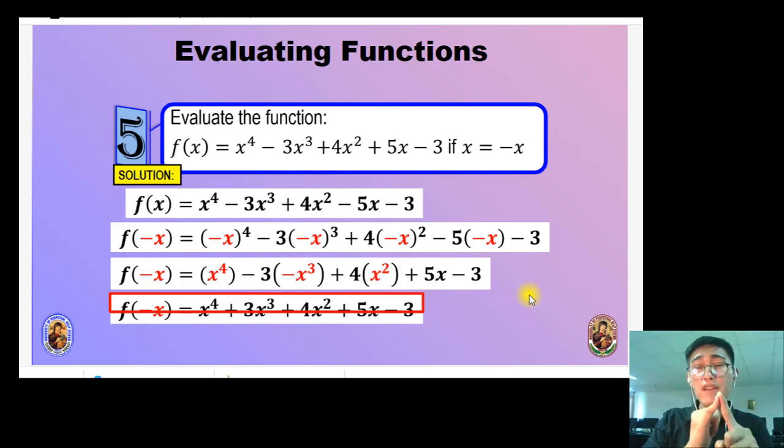Pag wala kang isisimplify sa loob ng parentheses, mag-proceed ka na sa exponent. Okay, when it comes to exponent, nagbabago ang sagot depende kung ano yung number. Kung even number yung power or yung exponent, magiging positive palagi yung sagot. Pero kapag odd number naman yung exponent, depende kung ano ang nasa loob, yung symbol doon, siya pa rin ang sagot. Okay?